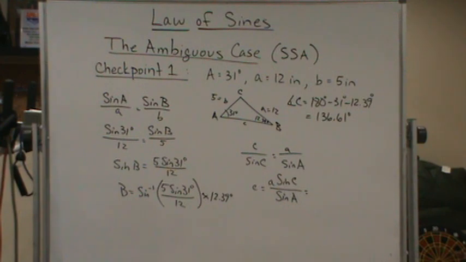Okay, let's see. 12 times sine 136.61 divided by sine of 31.